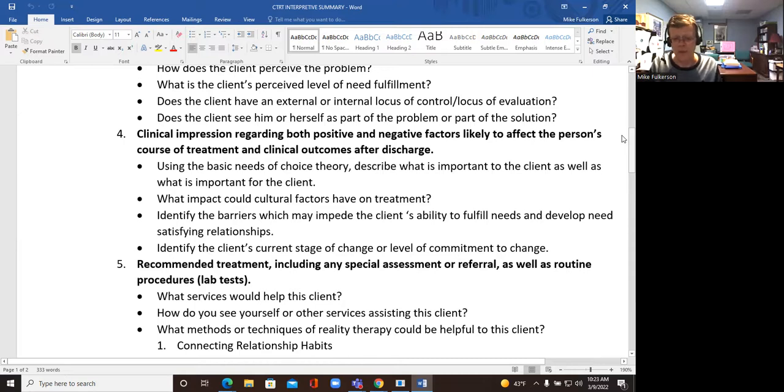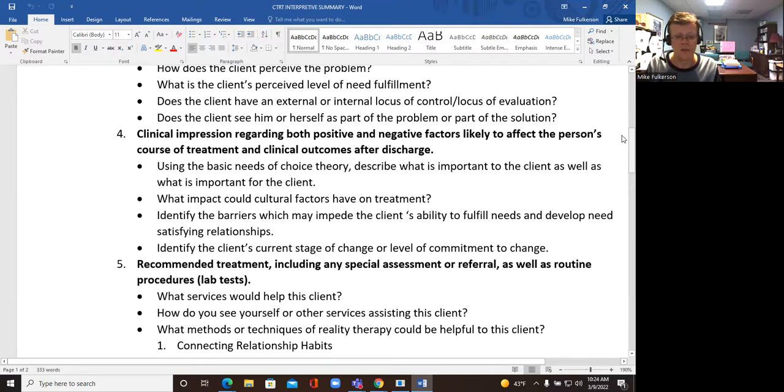What is important for the client is going to be quality world pictures related more to survival, self-preservation. So that's one way of thinking of it. An example of something that would be important to a client might be hobbies and things that they would like to do.